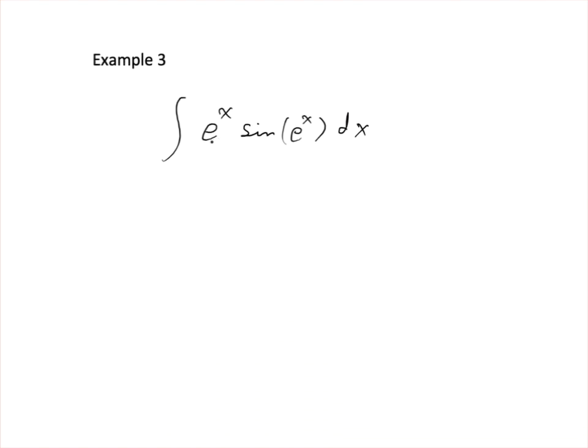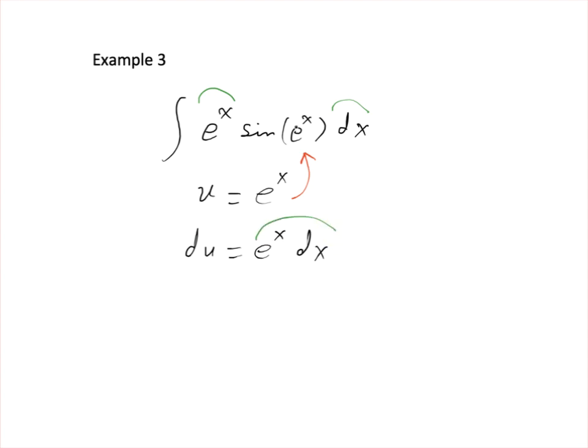Here I have e to the x times sine of e to the x dx. My u substitution is u equals e to the x. That way, I replace this to have sine u. And then du is e to the x dx. So notice that e to the x dx, that is the du.